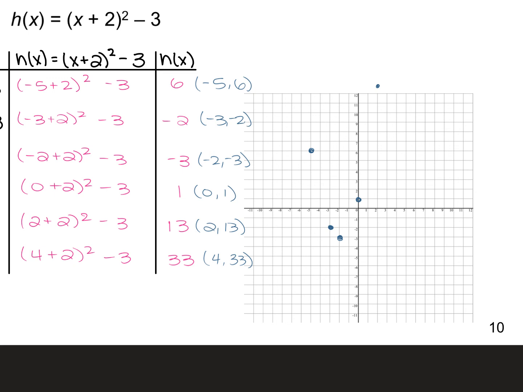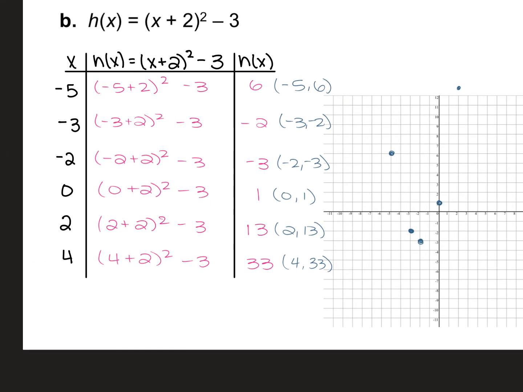So we're going to look here and see we're missing the number between negative 2 and 0. If we plug in negative 1, that would be (negative 1 plus 2) squared minus 3. The negative 1 plus 2 is 1. 1 squared is 1. Minus 3 gives us negative 2. So that's the ordered pair negative 1, negative 2. So we could also use that ordered pair.